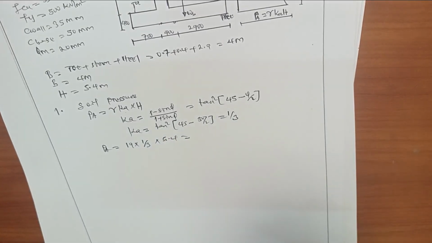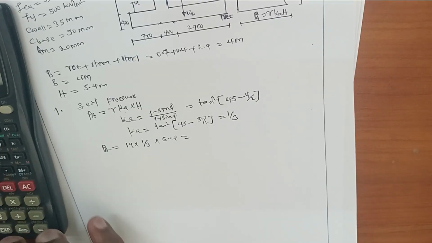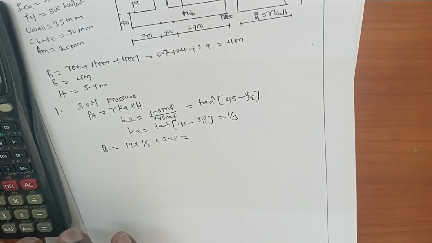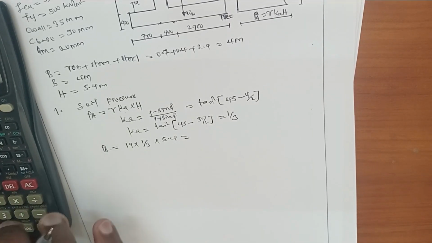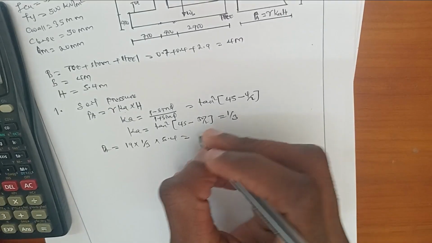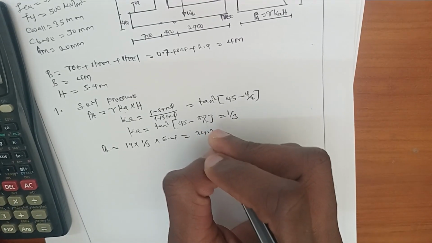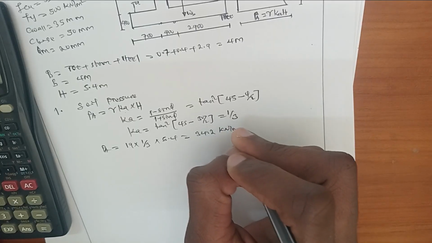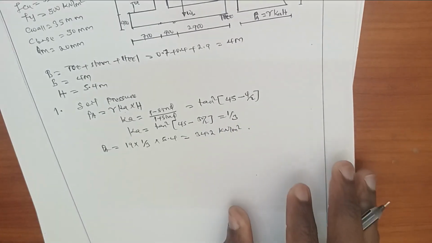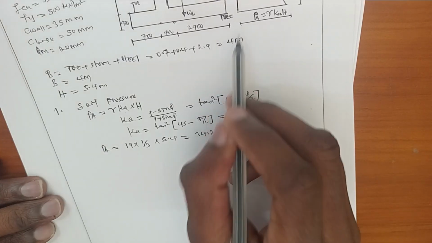So 19 times 1 over 3 times 5.4 will be equal to 34.2 kilonewton per meter square. This is the active soil pressure acting on this retaining wall.